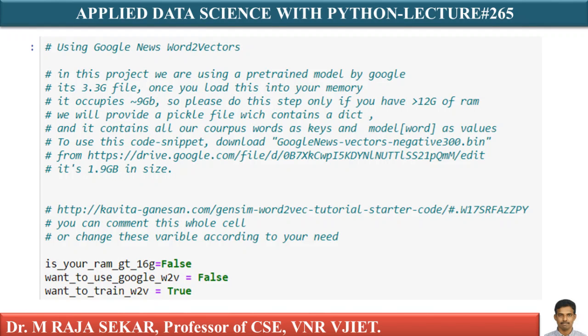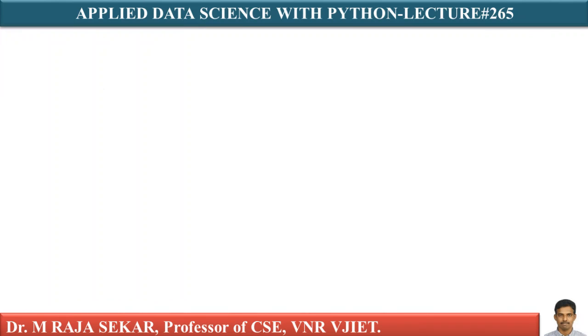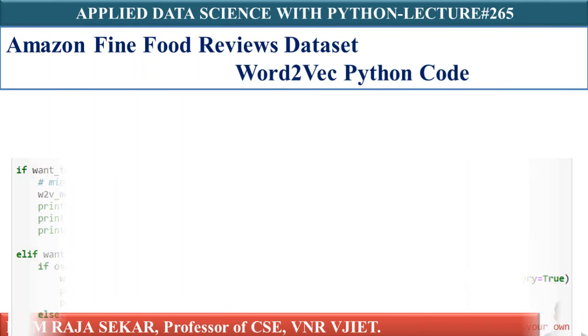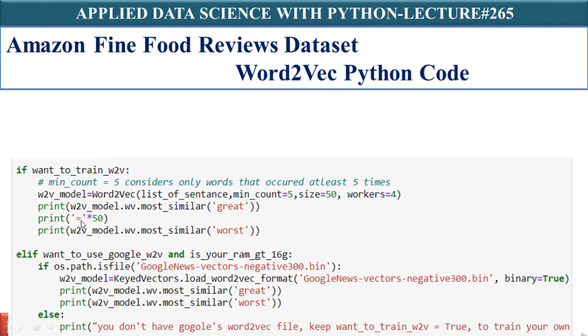How can one build it? Just see, it is simple and straightforward. If you observe, I am just initializing. I will provide the IPython notebook. What am I doing here? min_count equal to 5. What does it mean? min_count equal to 5 means consider only words that occurred at least 5 times.